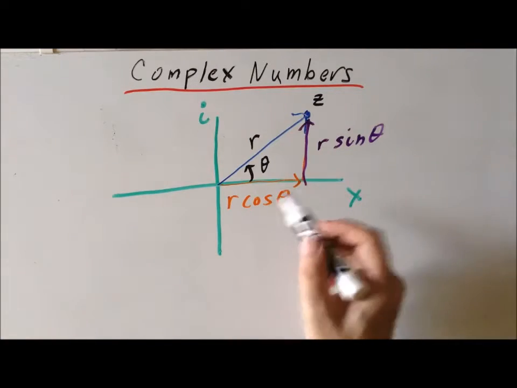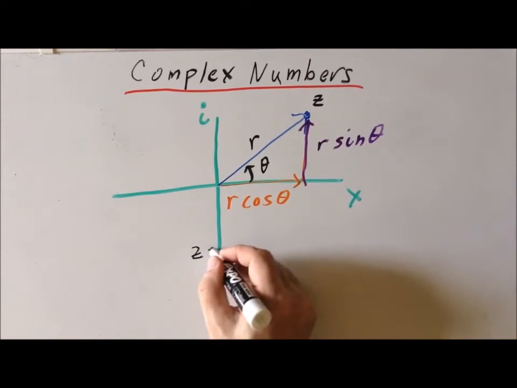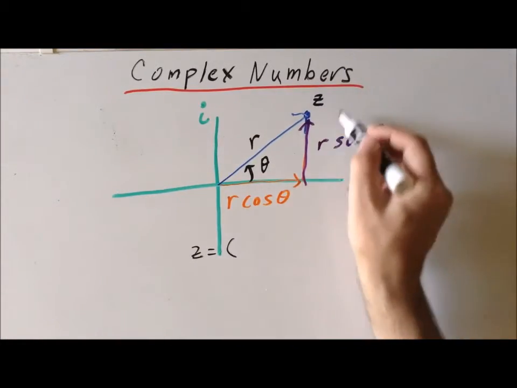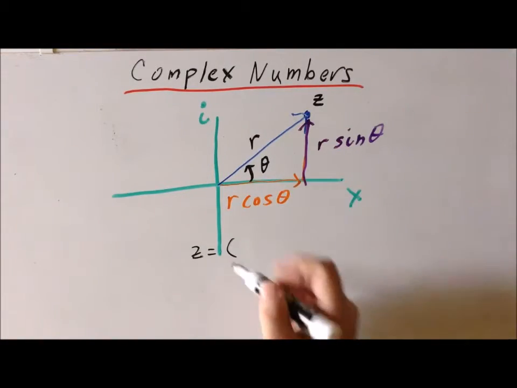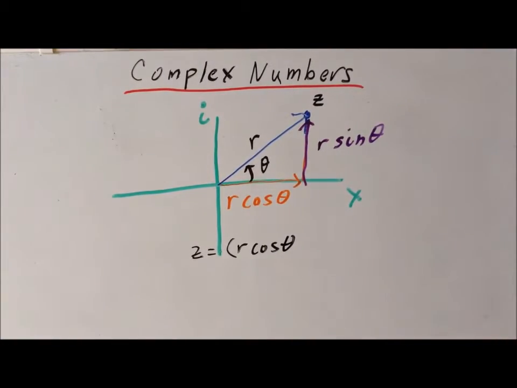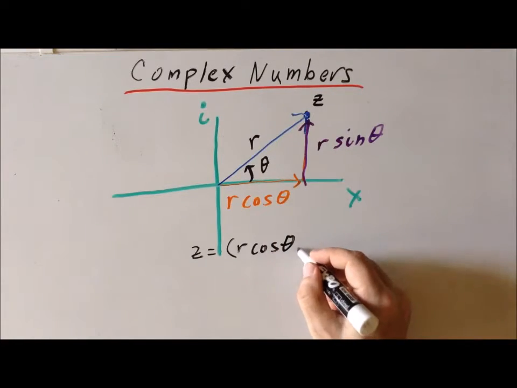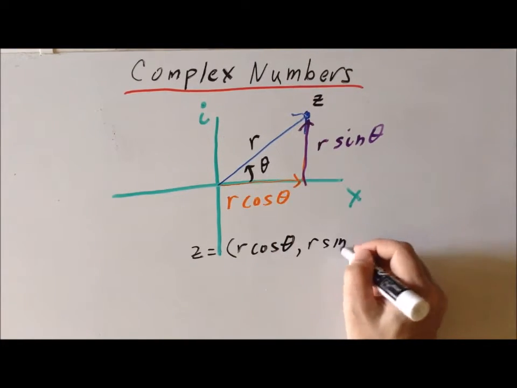Because the first coordinate, so we have our point z, right here, its first coordinate along in the real direction is simply r cosine theta, and its second coordinate, essentially its height, is going to be r sine theta.